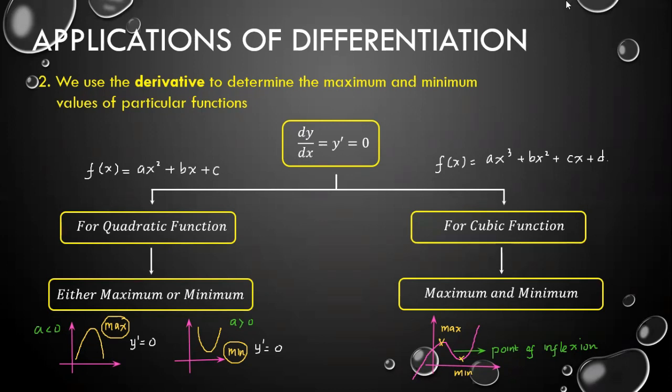Okay, students, for the cubic function, maximum and minimum will be satisfied by the first derivative being 0, or dy/dx equals 0. But the point of inflection will be satisfied by d2y over dx squared equals 0.